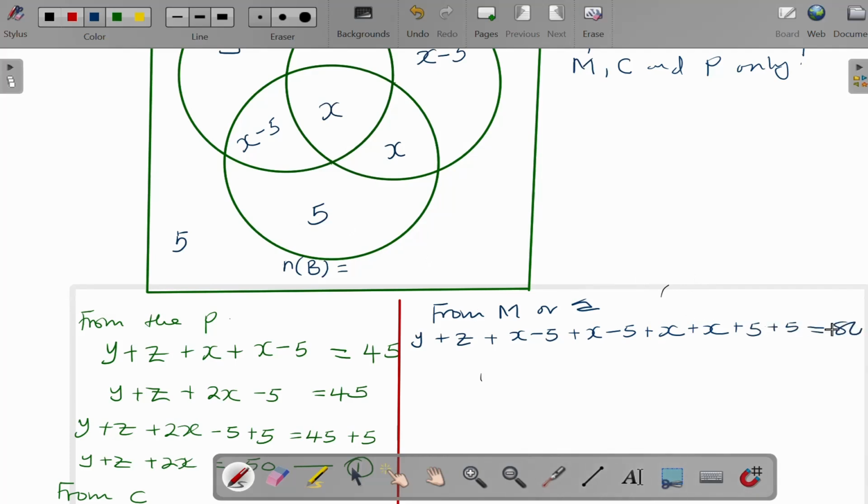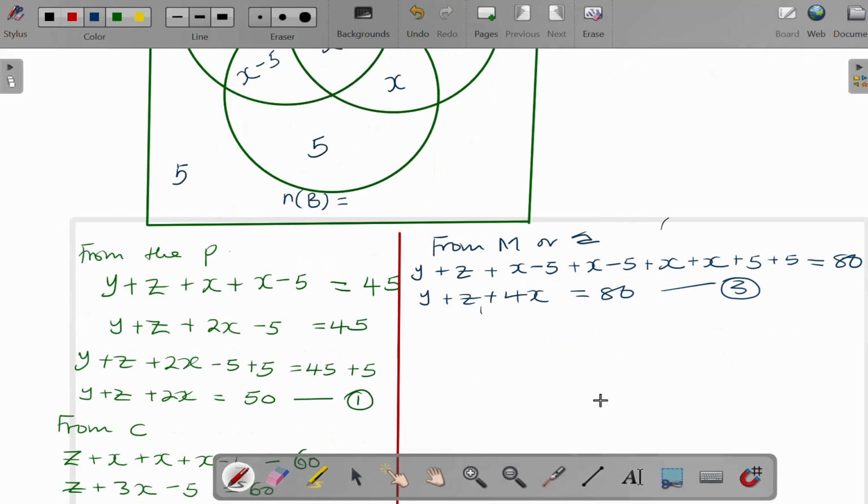Then we are equating to 80. So we have our Y plus Z plus 4X, then this and that, negative 5, plus 5, equals now to 80. We name this as equation 3.